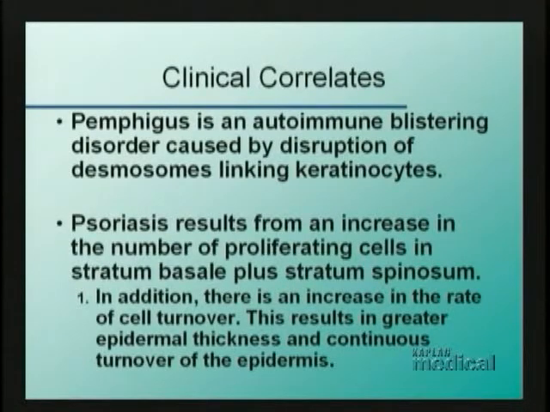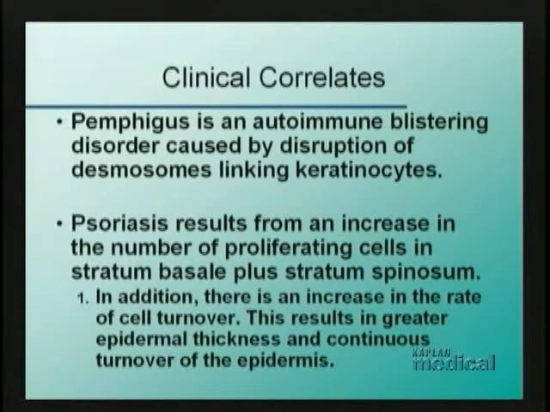Some diseases are associated with the stratified squamous epithelium of skin, and it's important to make the distinction between pemphigus and pemphigoid. Pemphigus is an autoimmune blistering disorder caused by disruption of the desmosomes linking the keratinocytes in the basal layers of the epidermis.